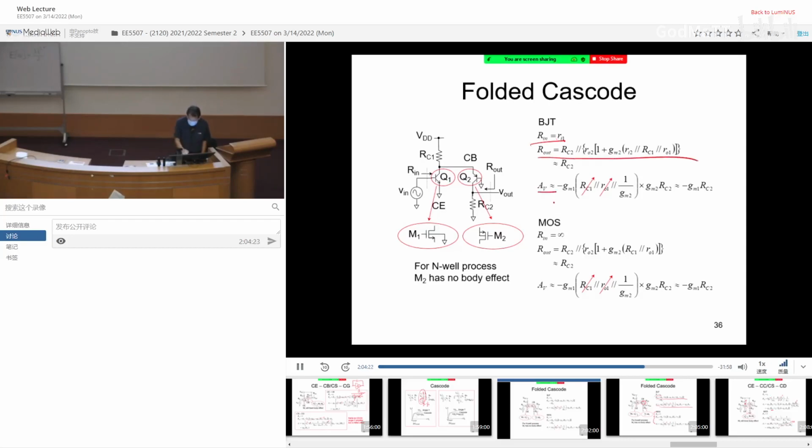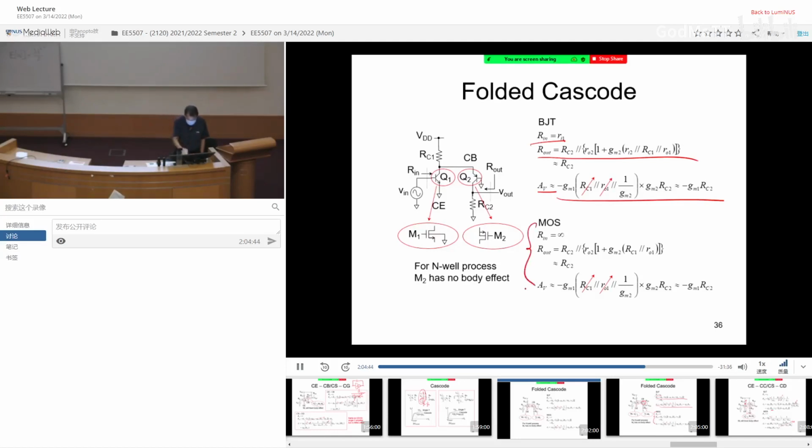In terms of the gain, still the same. No change. What changed? Unlike the stacking cascode, now I always fluctuate around the same voltage. Okay, so for low supply voltage, I'm fine. That is the beauty of folded cascode.